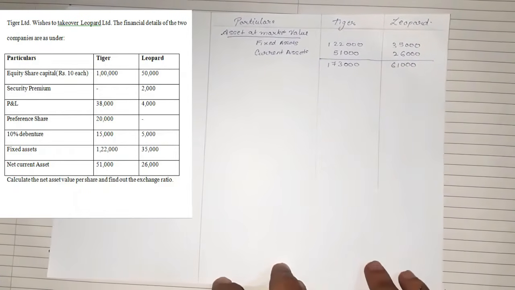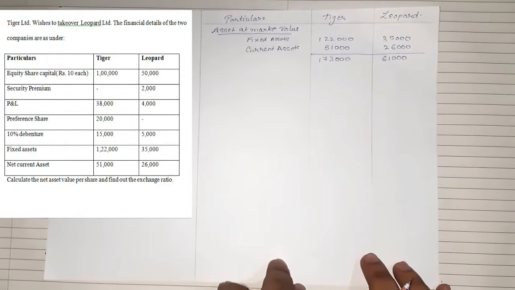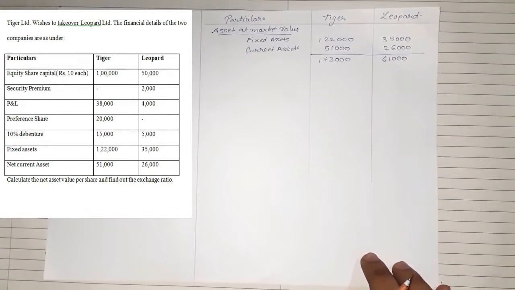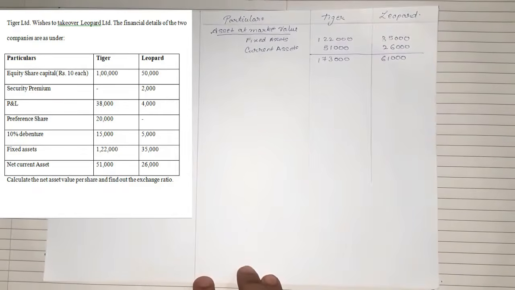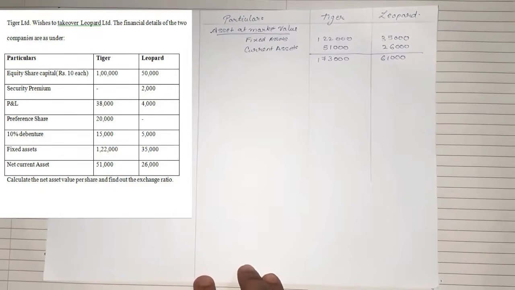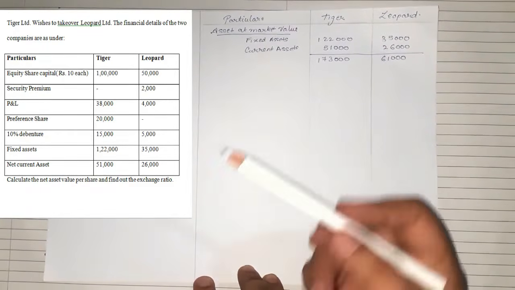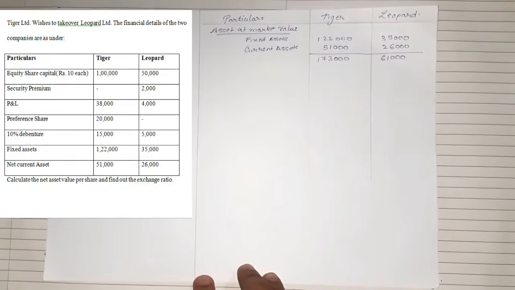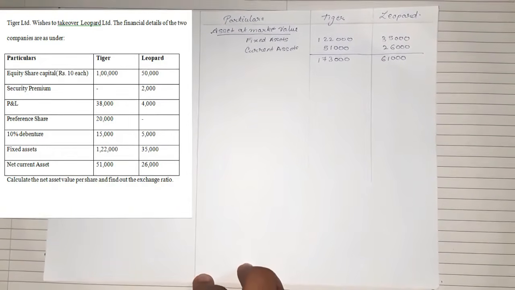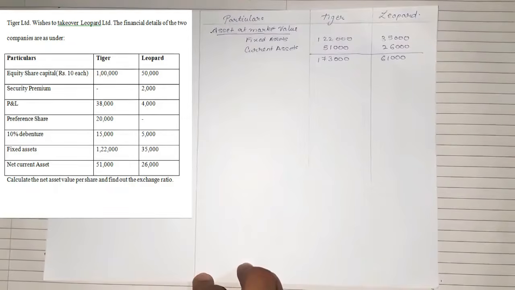Now very simple. Once we note down this, the next step is we need to subtract all your outside liabilities and all the preference share if there are any. Now if you look carefully, I can see in the liability side, we can see that there is 10% debentures, and then there is also preference shares. So we have outside liability along with preference shares.